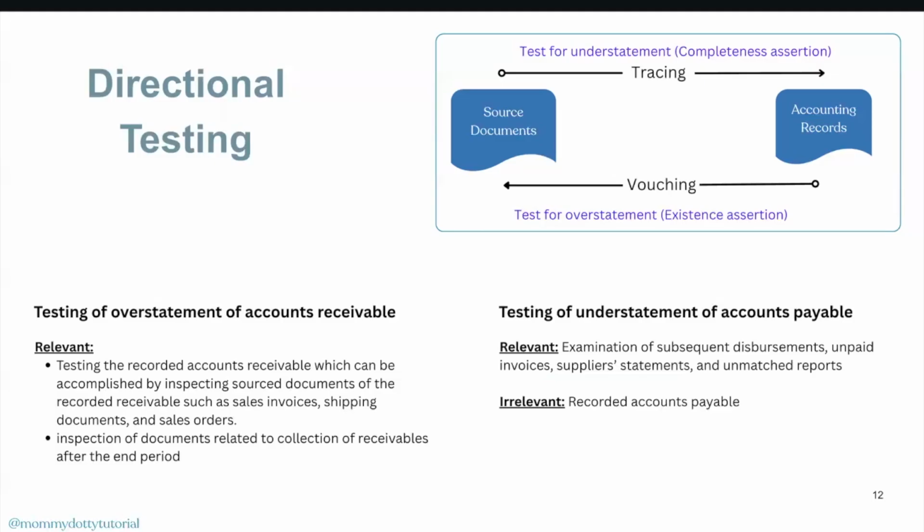Your entry is a debit to AR and a credit to revenue, so now your AR is overstated as well as the revenue.